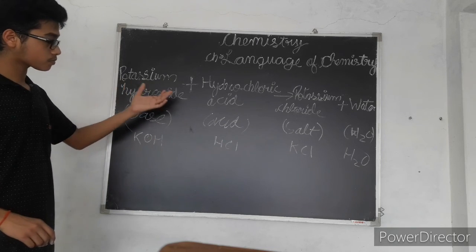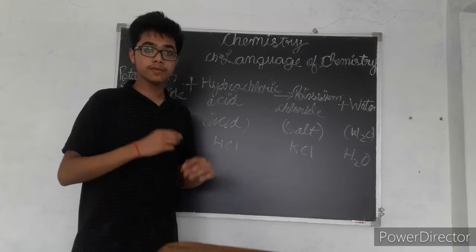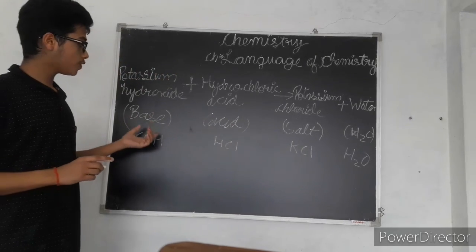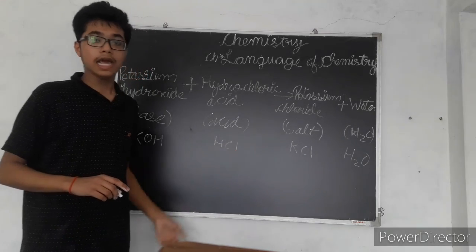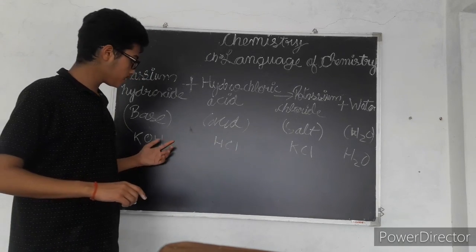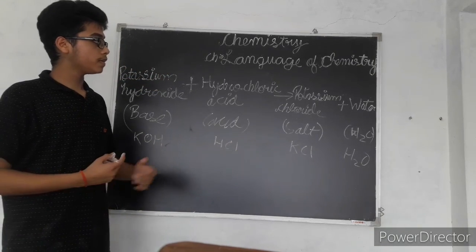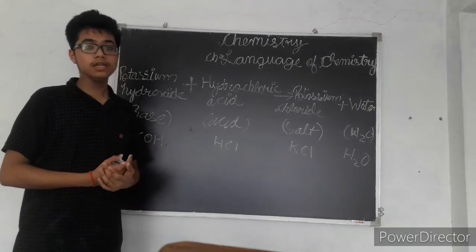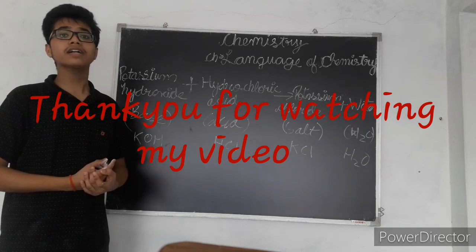Now when we put this salt in water, it splits into two radicals. One will be the electropositive radical and the second will be the electronegative radical. The electropositive radical will be the base and the electronegative radical will be the acid. Now we have completed the topic of radicals. In our next video we will study how to write the chemical formula.